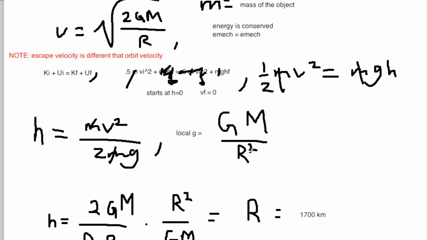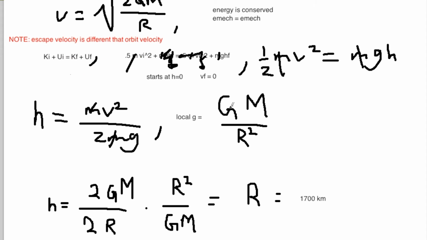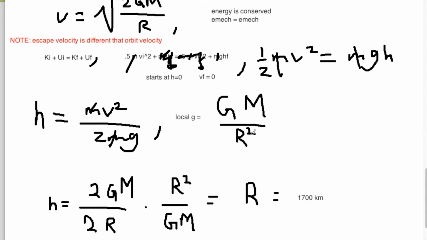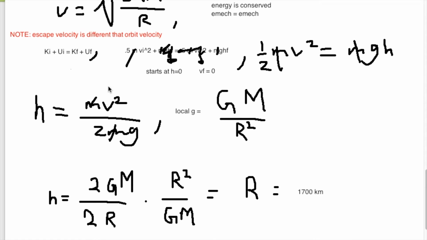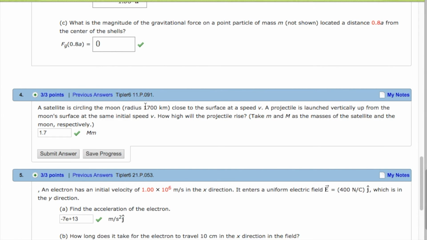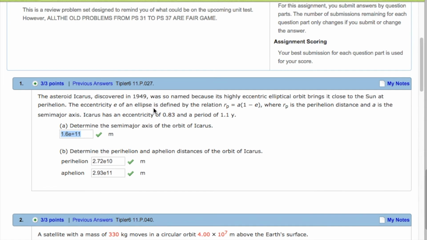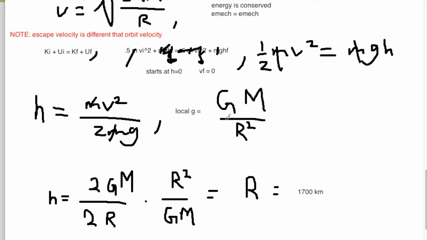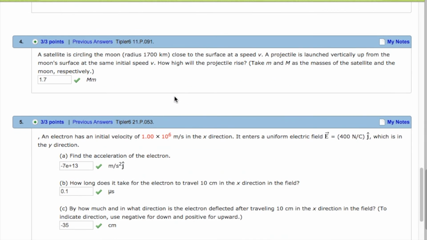But for this, we're on the moon, so M is the mass of the moon, G is the universal gravitation constant, and then r is the radius that they give us, which is 1700 kilometers. Well, that glitched a bit. 1700 kilometers.